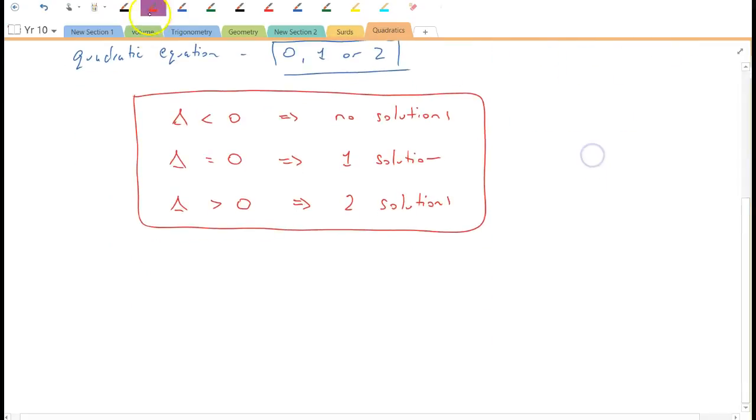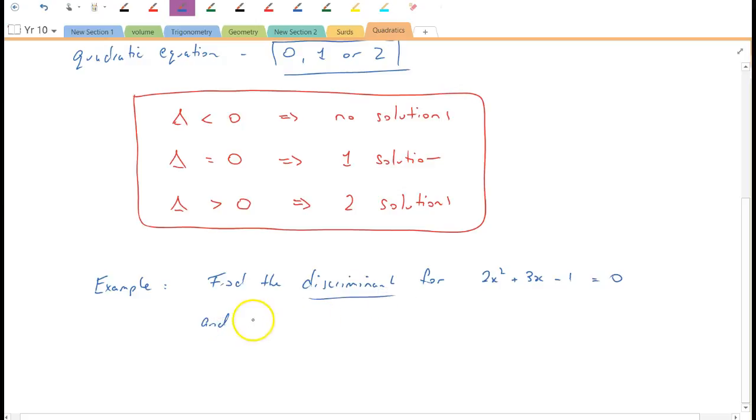Okay, so let's do a quick example. Find the discriminant for, let's say, 2x squared plus 3x minus 1 equals 0, and therefore determine how many solutions it has.